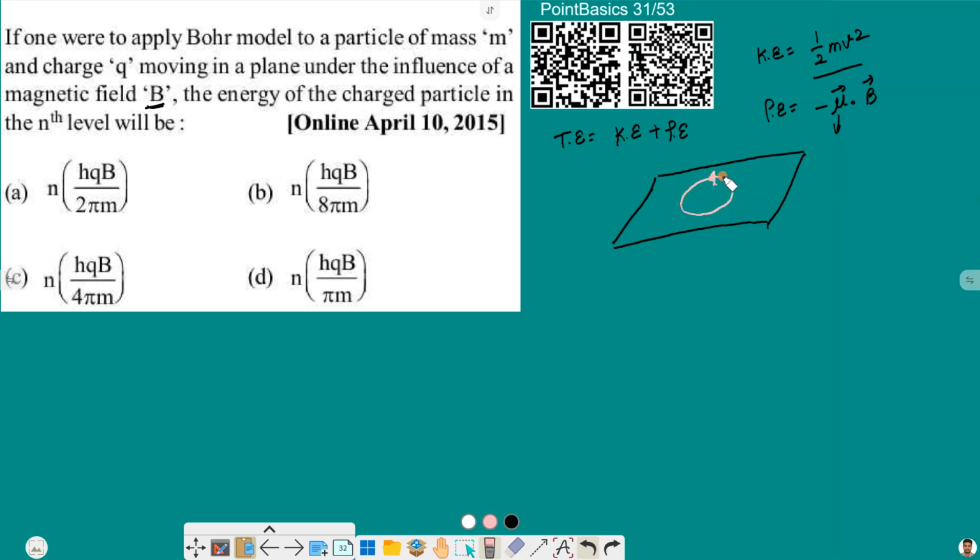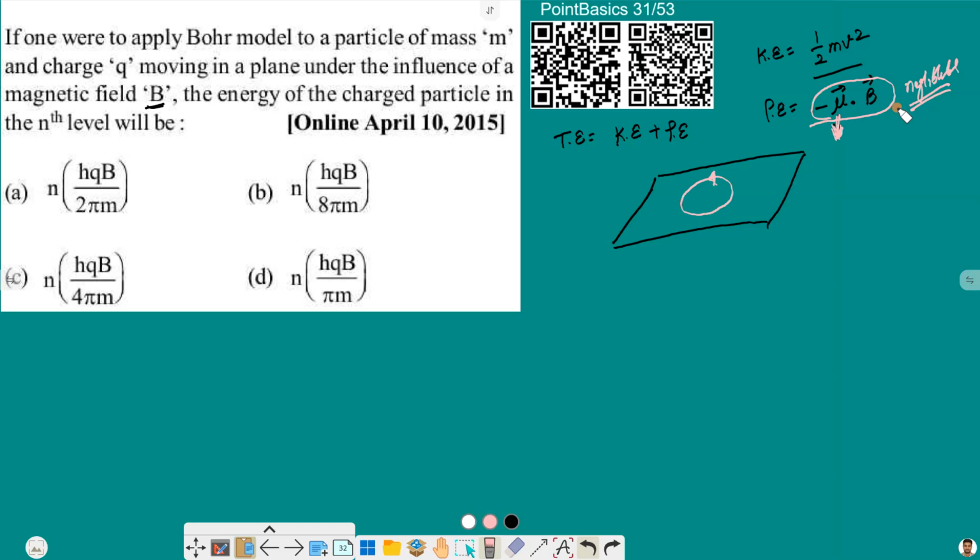Normally in this type of question, we ignore the value of mu, or we assume that mu is such a small value that its product with B will be negligible. In the case of questions related to magnetic field, we generally ignore potential energy value.